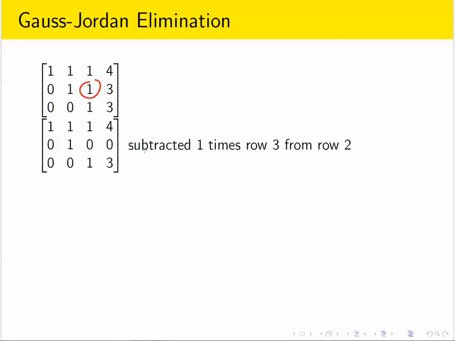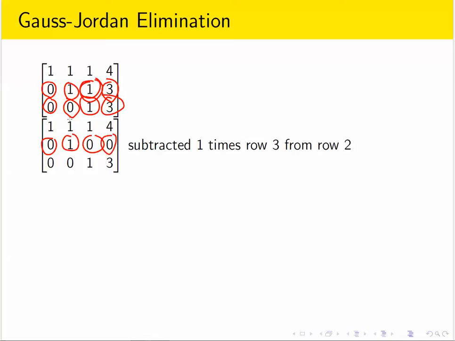And we have to go across the whole row. So it's this 0 minus this 0 gives us this 0. This 1 minus this 0 gives us this 1. This 1 minus this 1 gives us this 0. This 3 minus this 3 gives us this 0.